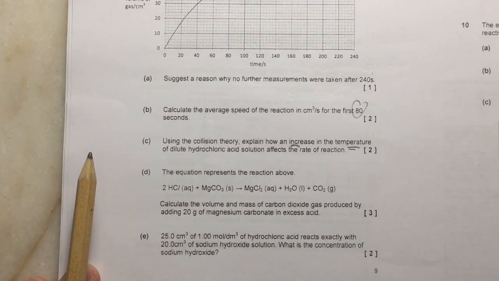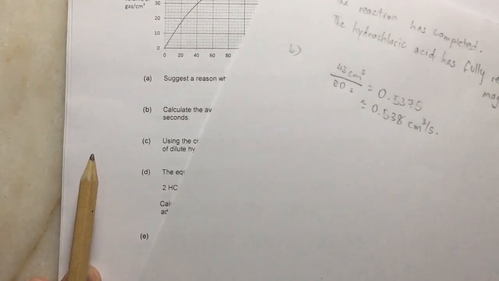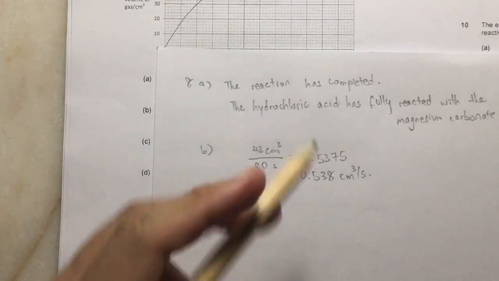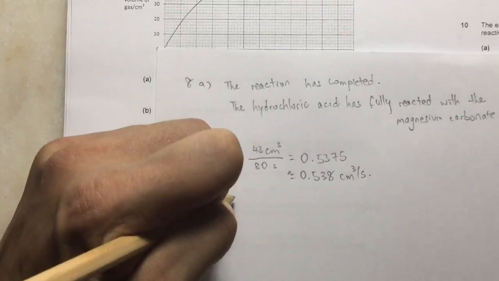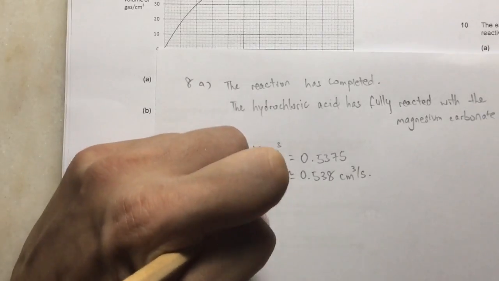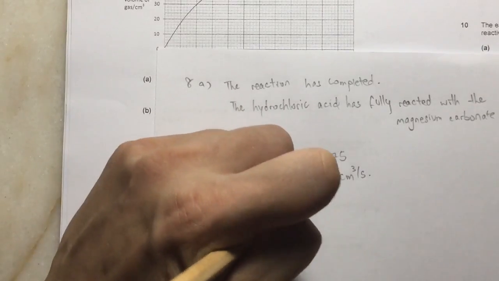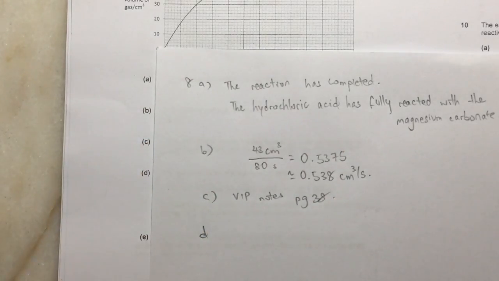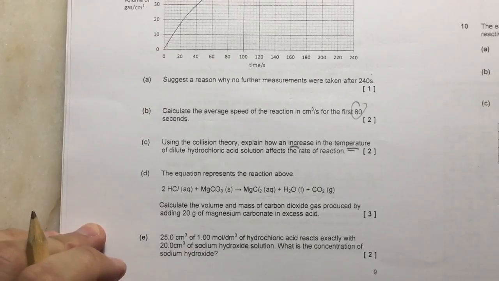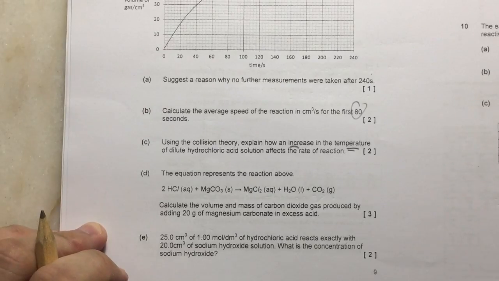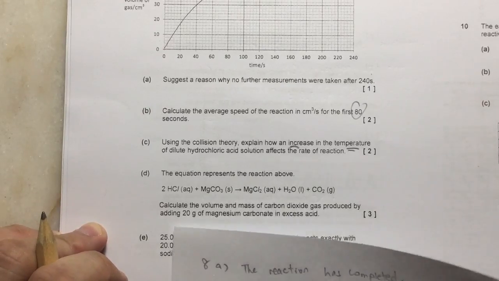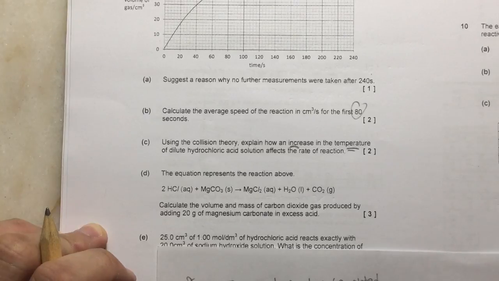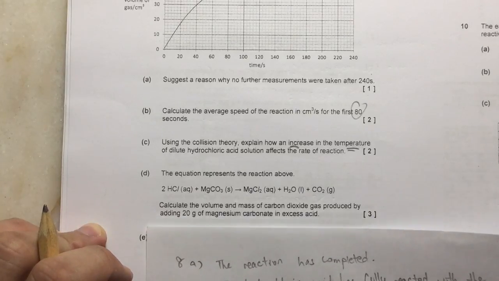And then we go to part D, mole concept. See, in VIP notes, page 38. Okay, part D. Let's look at it. Calculate the volume and mass of carbon dioxide gas produced by adding 20 grams of magnesium carbonate in excess acid.